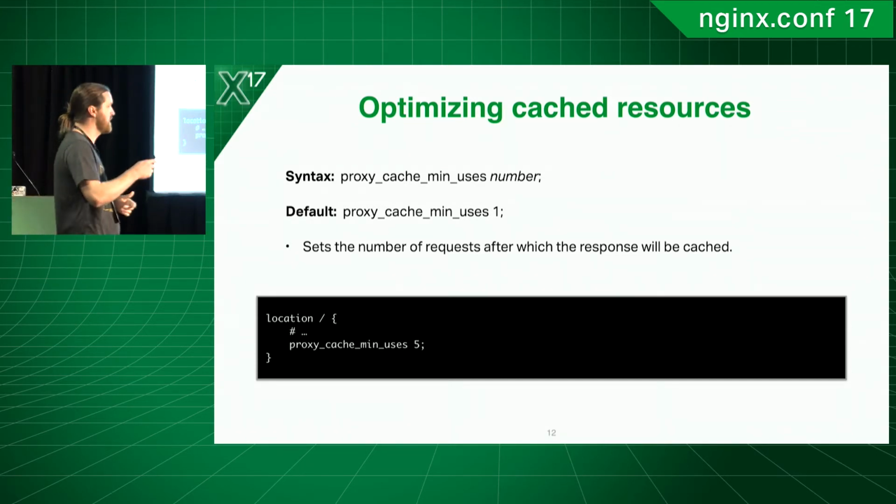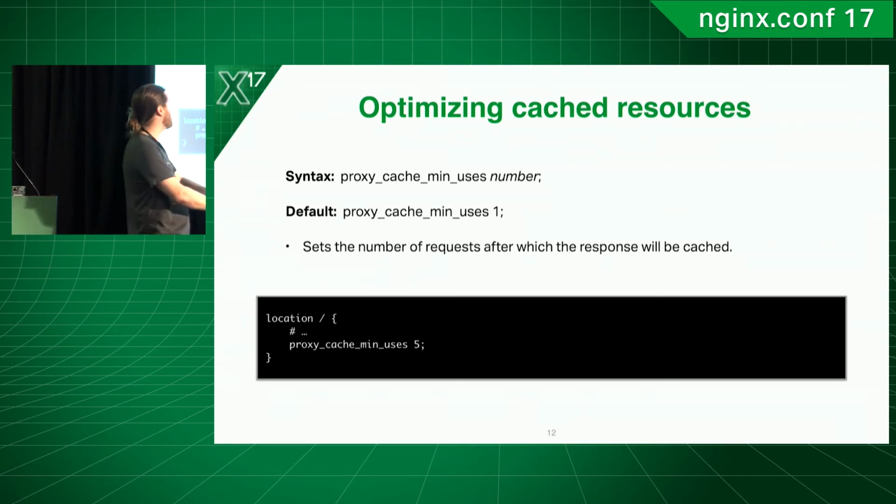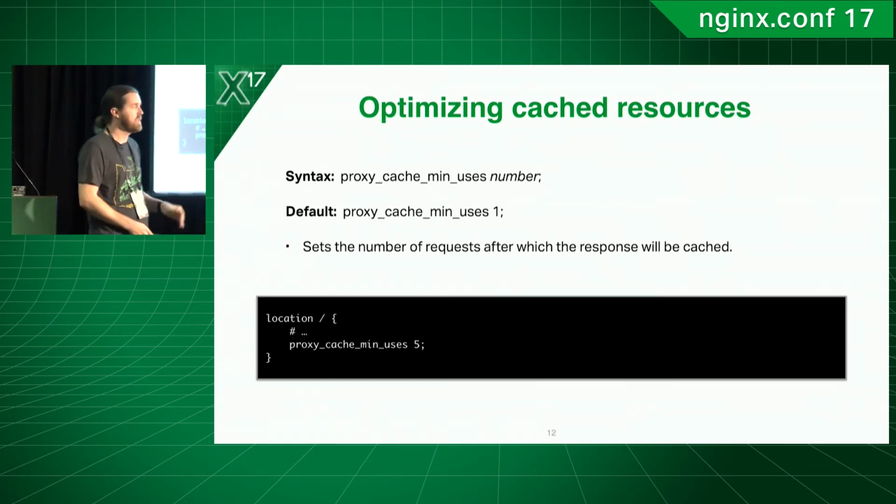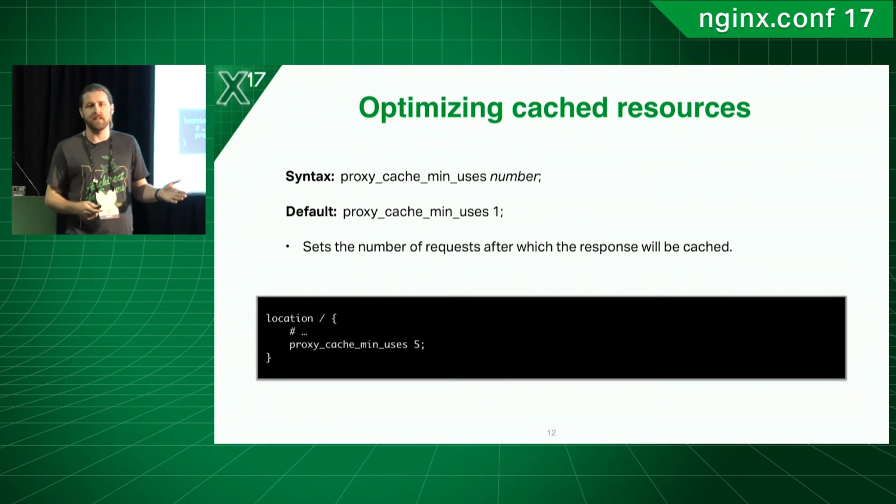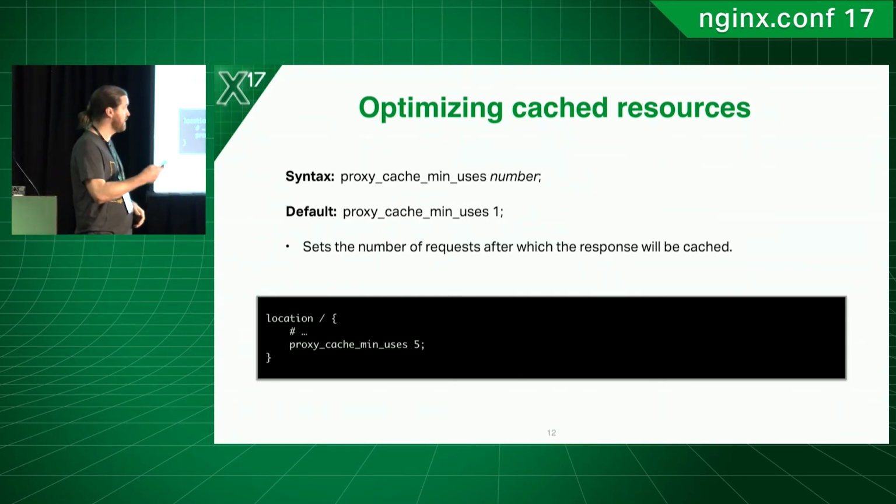So this actually tells NGINX to only cache this particular resource after a certain number of actual requests come through for that resource, right? By default, it's going to cache everything, at least if it comes through once. So this can be lowered or raised as needed. Like maybe you only want to cache things if they've been requested 5 times or 10 times or 20 times, and it's completely up to you. And this will drastically help with that hit ratio, right?